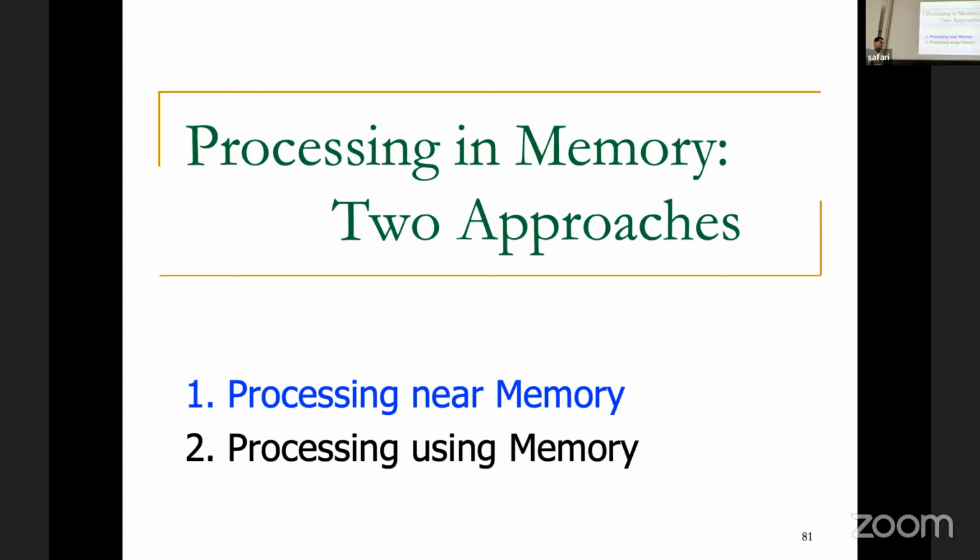In the processing near memory approach, we add logic nearby the memory cells themselves. Think that you have a memory array and you have a processor. We are going to take a simple version of that processor, or a simple accelerator, and embed it with the memory chip itself, a memory DIMM, or a 3D-stacked memory. So you are giving some logic or computing power to the memory device.